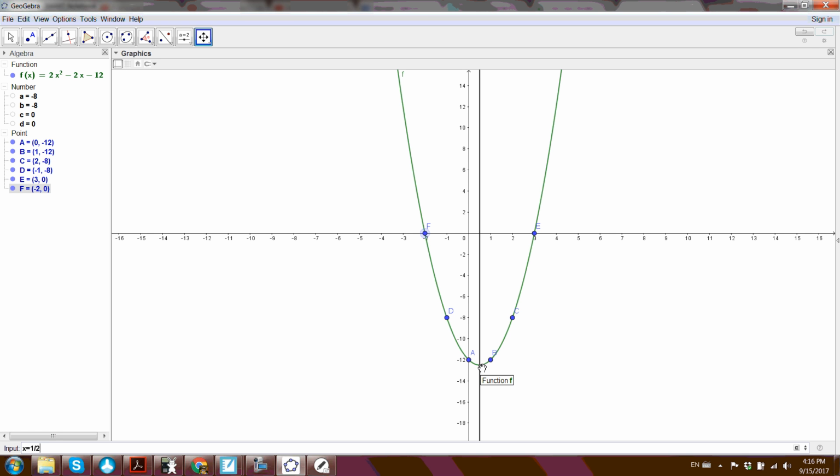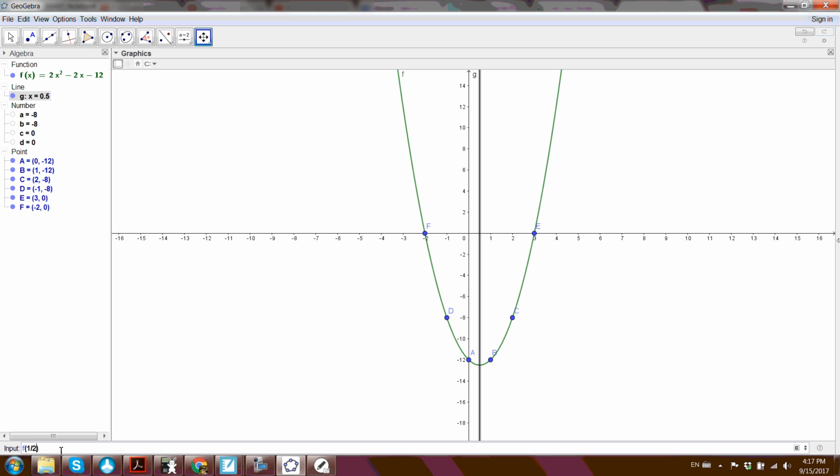Now, this other point, the very bottom: we know the x-coordinate of that point is 1/2. Well, how do we find the y-coordinate? We find the y-coordinate by plugging 1/2 into the function. So let's let the program do the work there.